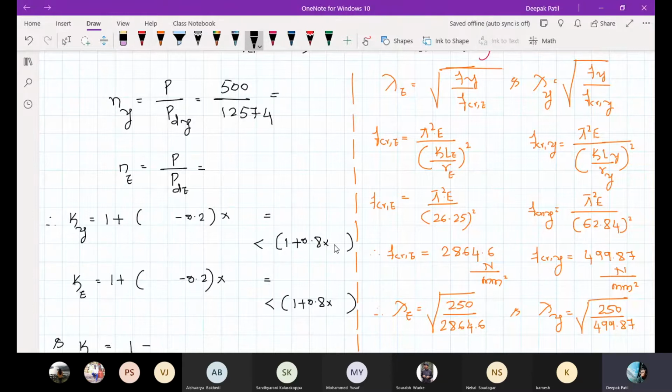So you get 500 divided by 1257.4, which comes out to be 0.39.